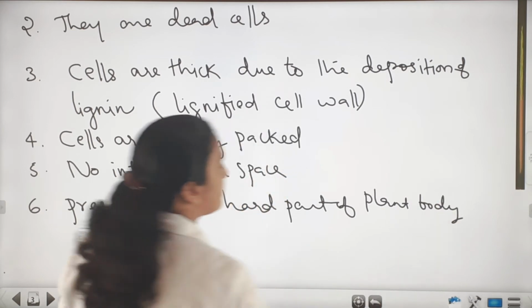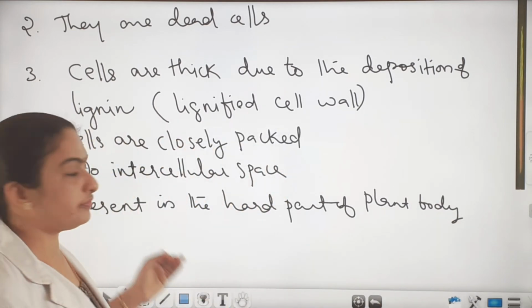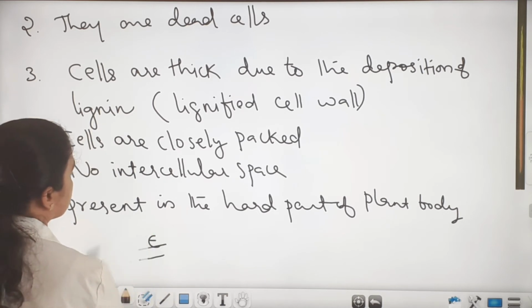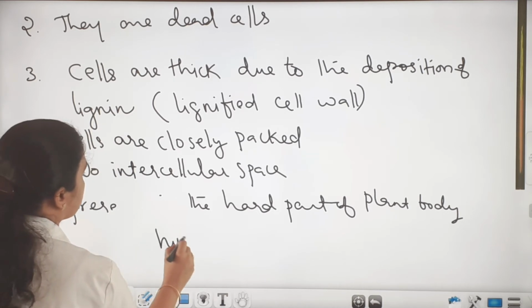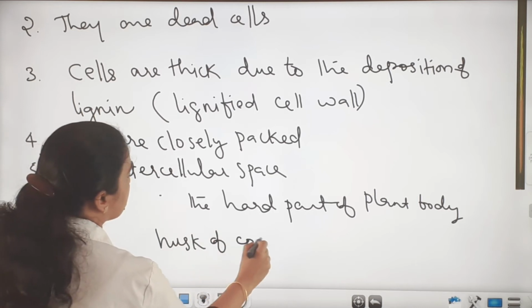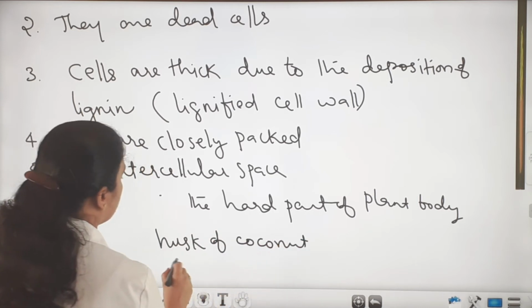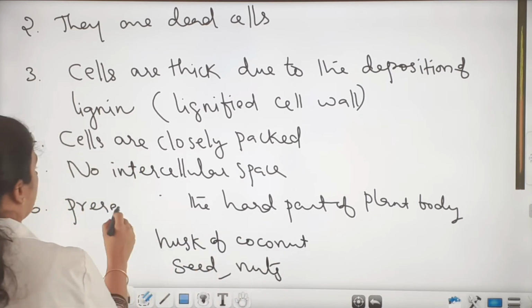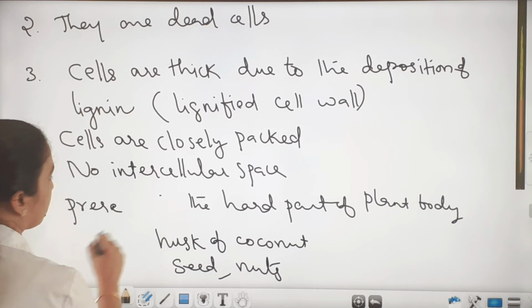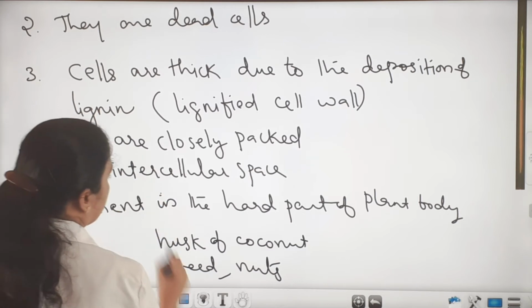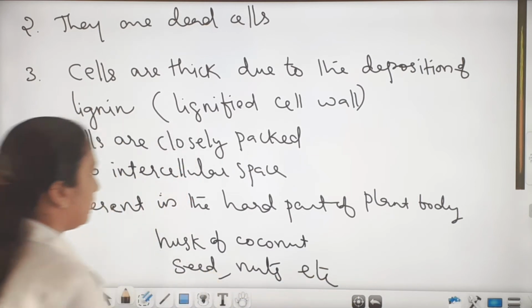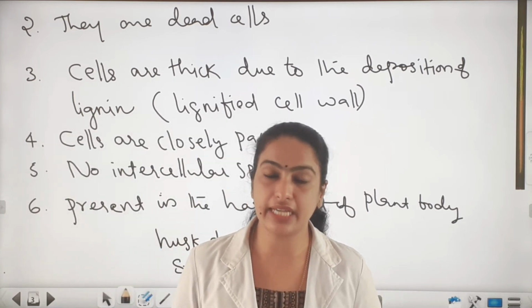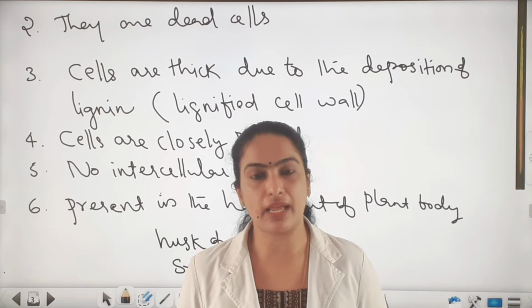Especially it forms the covering of seed, nuts, etc. It can be seen in the husk of coconut. Is it clear about the sclerenchyma? Sclerenchyma is a dead, simple, permanent plant tissue.